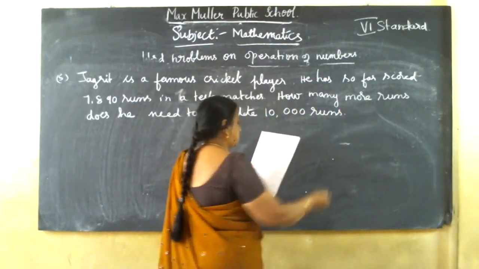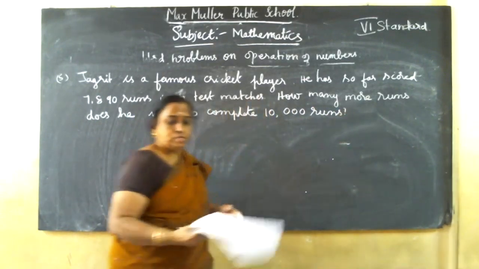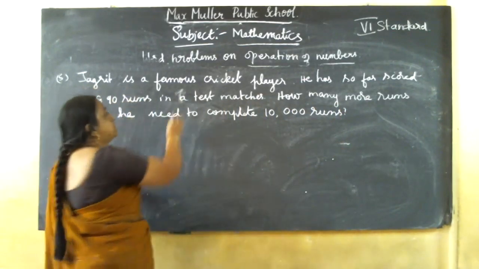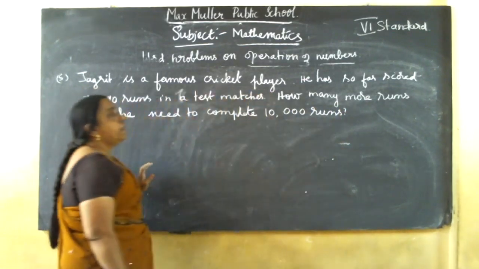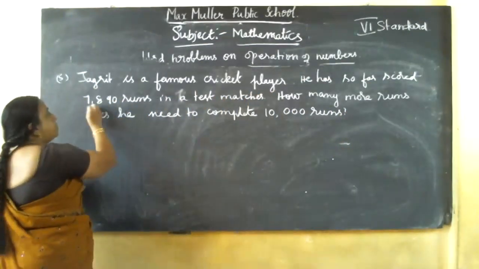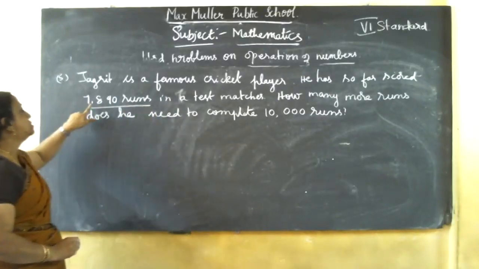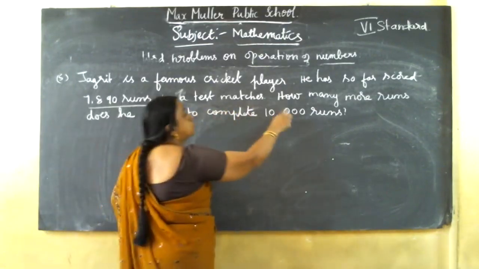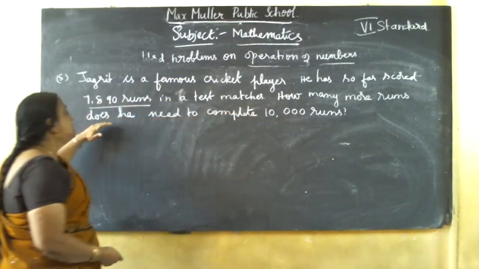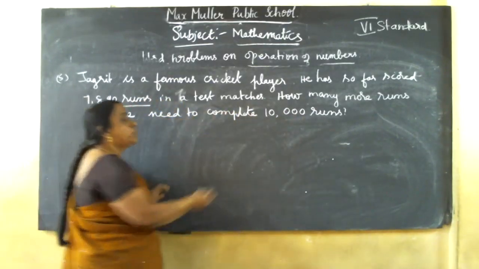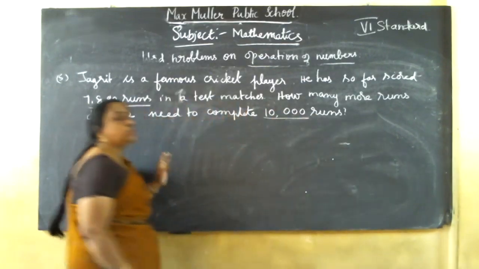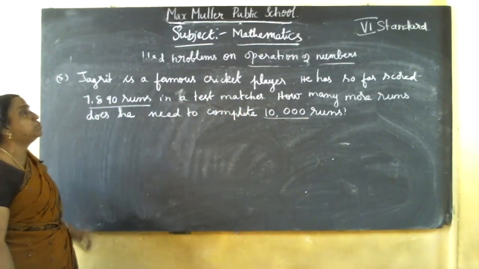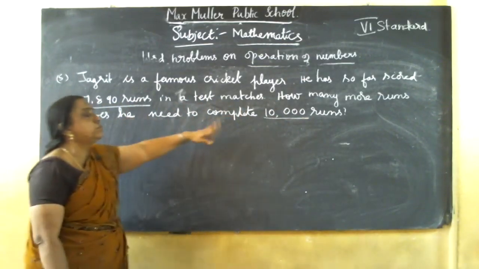I'll read the question. See here what is given in the question. Jagreet is a famous cricket player. He has so far scored, so far means till now, how much? 7,890 runs in a test match. So how many more runs does he need to complete 10,000 runs? You should find how many runs he still needs to complete 10,000.